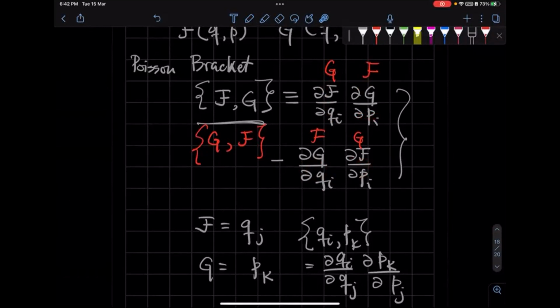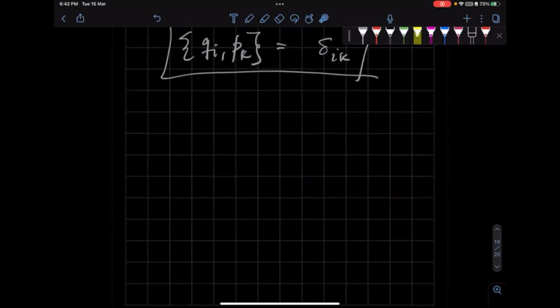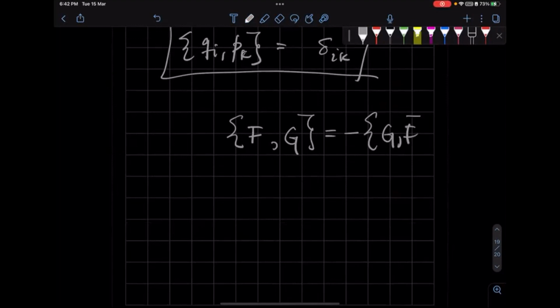So exchanging these two things gives me minus of whatever it was. So {F, G} is minus {G, F}. So it's a skew symmetric product.